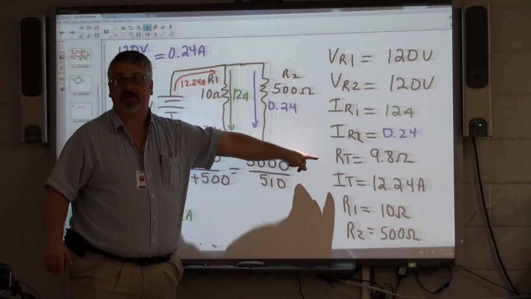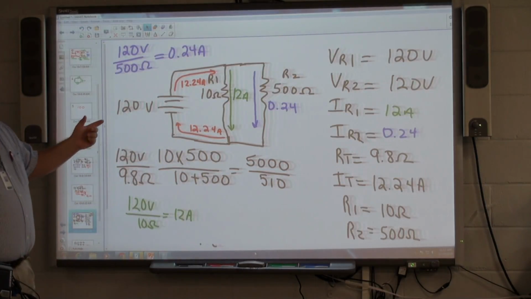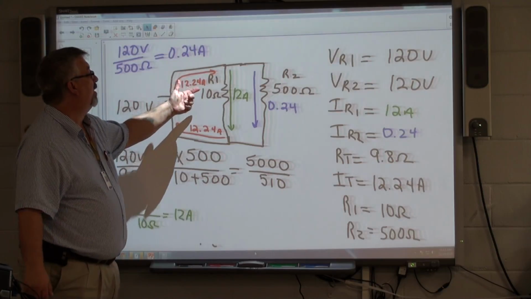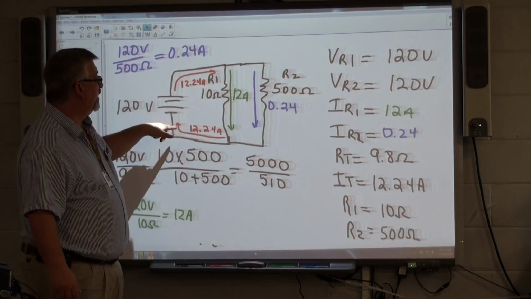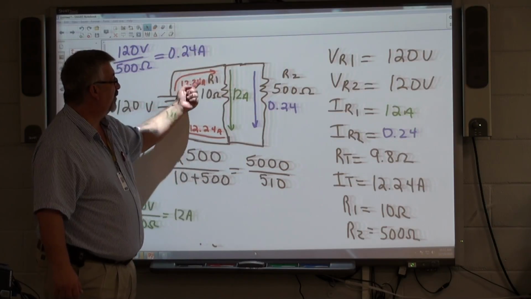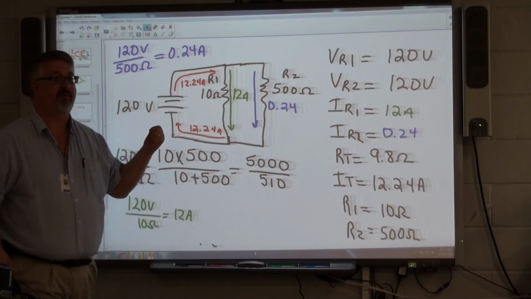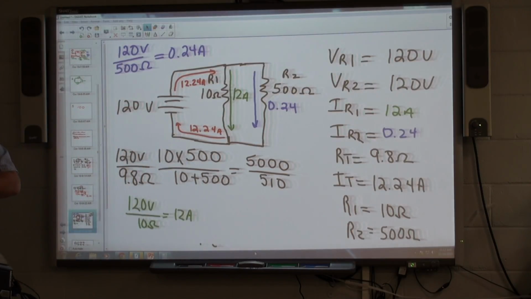We calculated RT to be 9.8. That seems to hold true. The sum of the current through the branches equals total current. So we got 12.24, 12 goes this way, 0.24 goes this way, and when they meet back up, we have 12.24. So that also holds true. So it works.